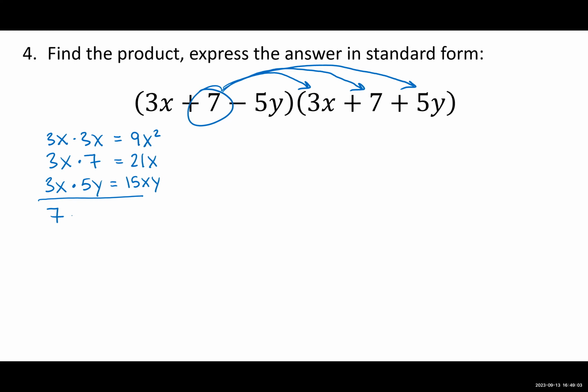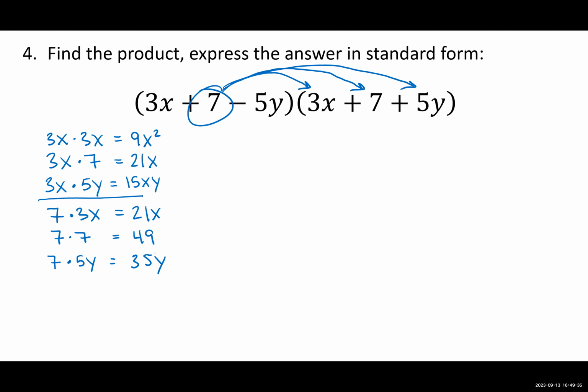So we've got a 7 times 3x. 7 times 3 is 21, so that'll give us 21x. 7 times 7 is 49, and 7 times 5y is equal to 35y. 7 times 5 is 35, and then there's a y there.